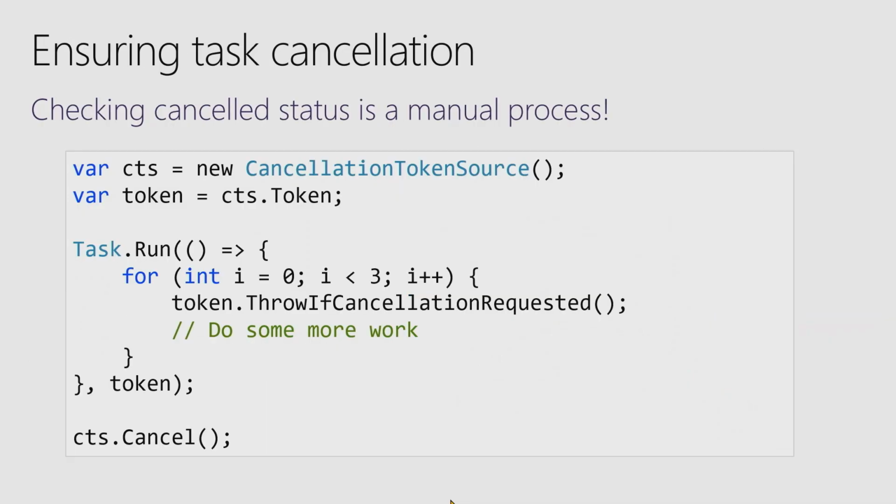Checking this is actually a manual process. So instead you want to put in a check, like in this code snippet over here, or an alternate solution could be to just do if token.IsCancellationRequested and then throw in a return over there. You may already be using cancellation tokens, but make sure you're using them correctly.